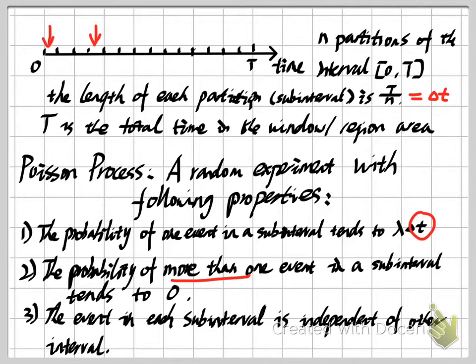The third one is that the event in each subinterval is independent of other subintervals. This means that if similar events happen in each subinterval, whether they happen or not depends only on itself, not on others.